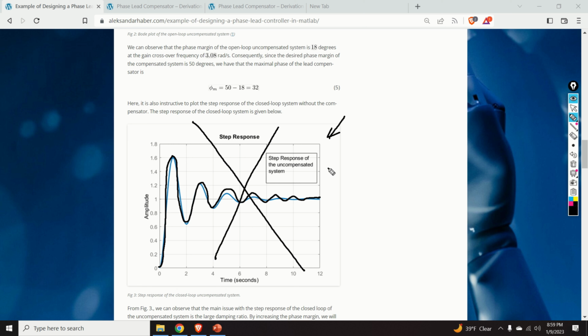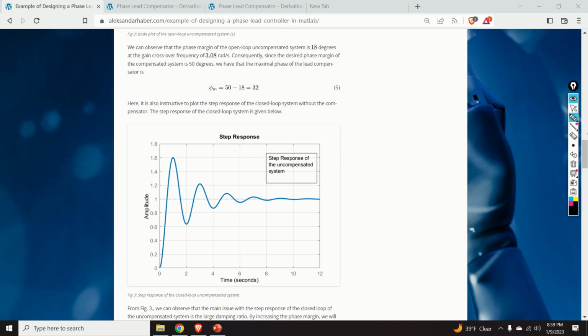This is a direct consequence of the fact that the phase margin is 18 degrees. The main purpose and the main goal of the phase lead compensator is to correct this. By increasing the phase margin to 50 degrees, we will obtain a step response that's much smoother.